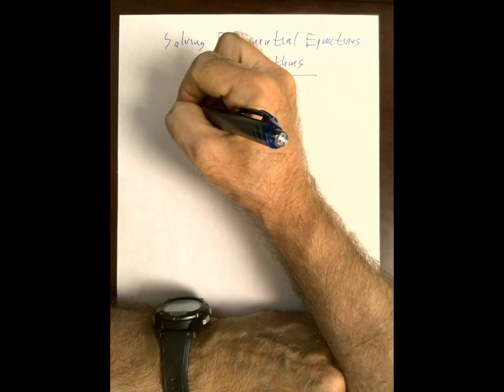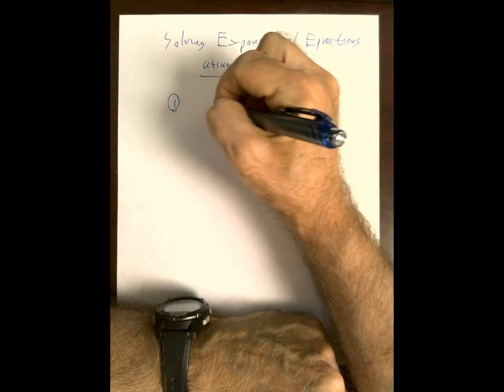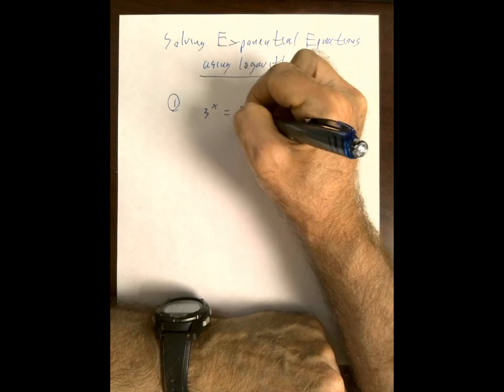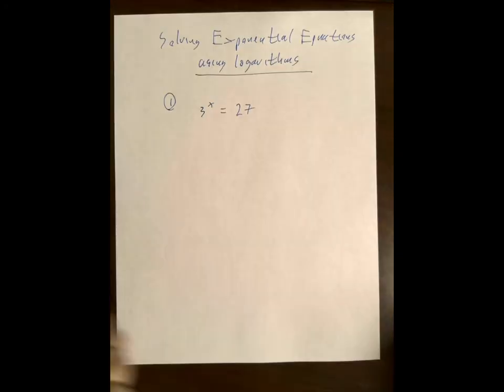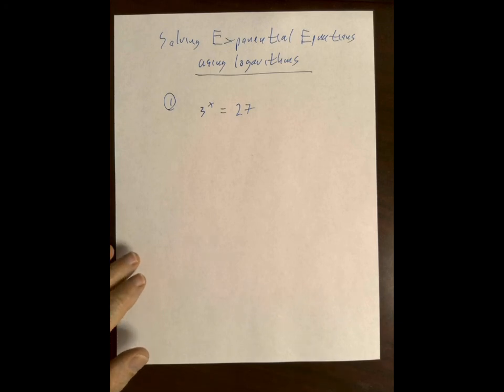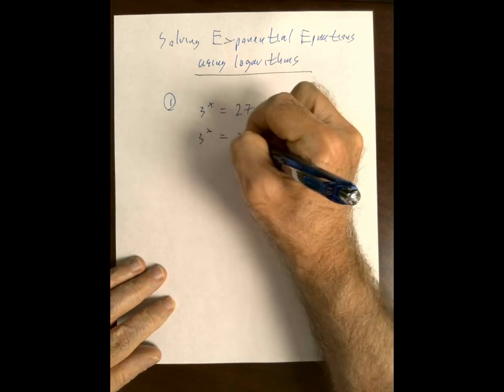Let's say, here's example one. Let's say we've got 3 to the x power is equal to 27. Well, you may know that we don't really need logarithms for that because we know that 27 is equal to 3 to the third power, right?